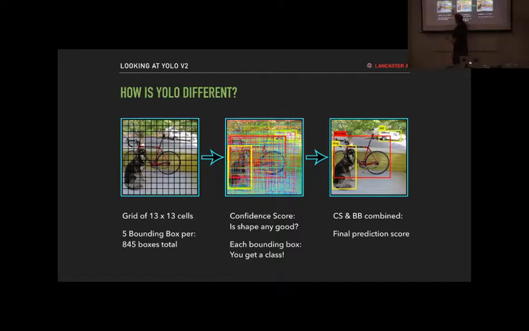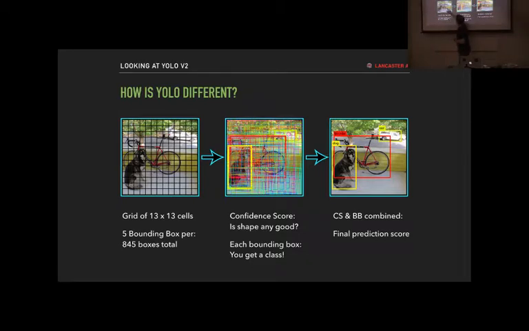It creates these boxes, just random boxes, and it gives you a confidence score of whether this box that it created is any good. And then with each bounding box it also creates a class. So you're getting 2 things out of this. As you can see, for instance, it's tough to tell here, but you have this big yellow one which goes around our dog.